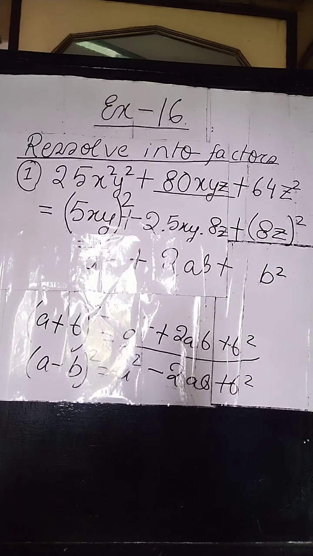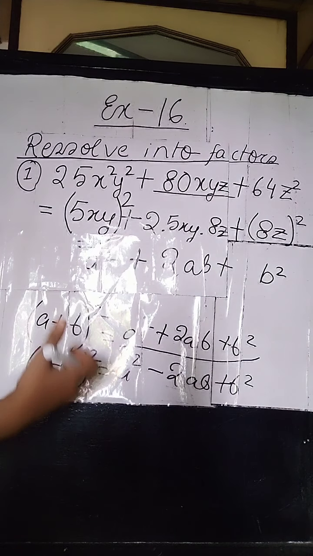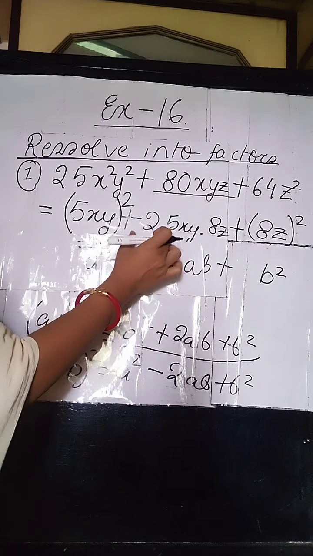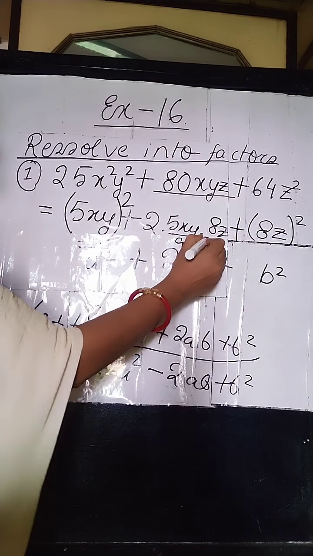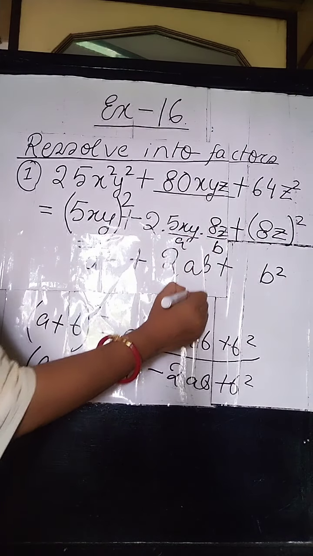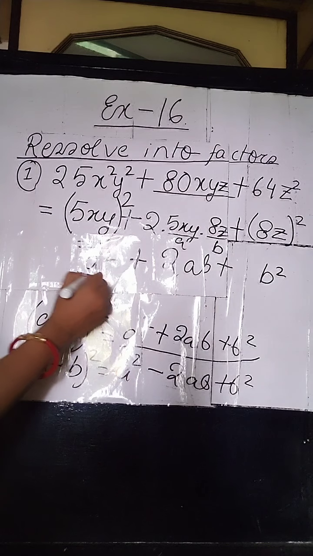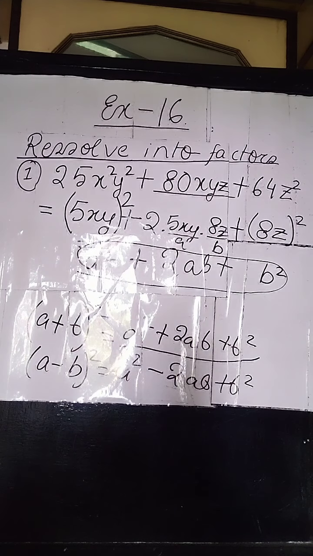We are doing the sum correctly because we have related this with the formula a square plus 2ab plus b square. Here a square means 5xy whole square. Here 2ab means 2 into 5xy into 8z, because 5xy is a and 8z is b, plus 8z whole square, that means b square. So we can easily relate the formula with a square plus 2ab plus b square.